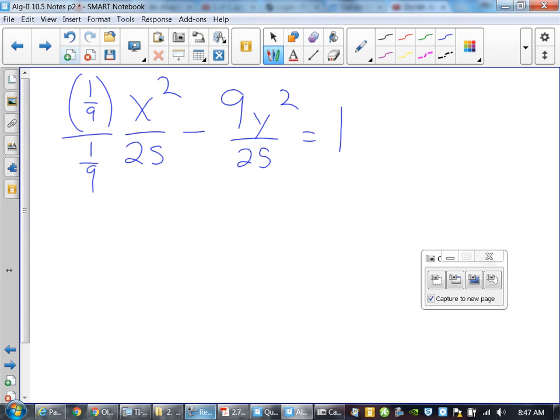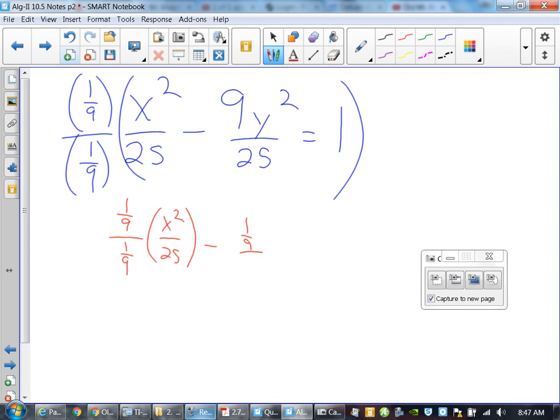If I distribute this into all of this, the long-winded way of seeing it would be 1/9 over 1/9 times x squared over 25 minus 1/9 over 1/9 times 9y squared over 25 is 1/9 over 1/9 times 1.